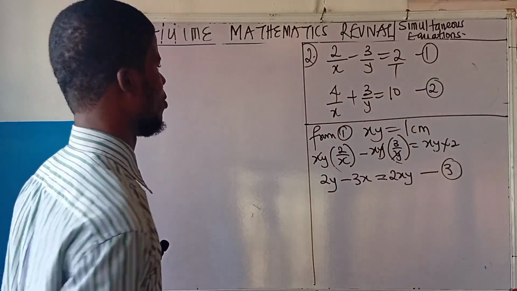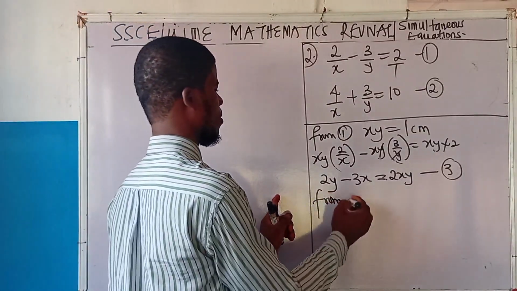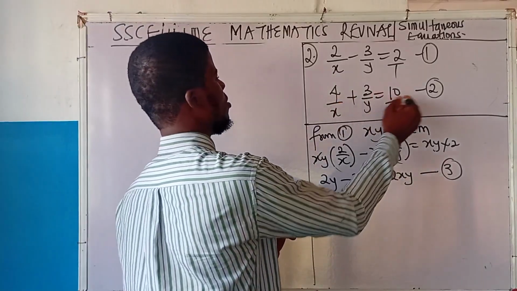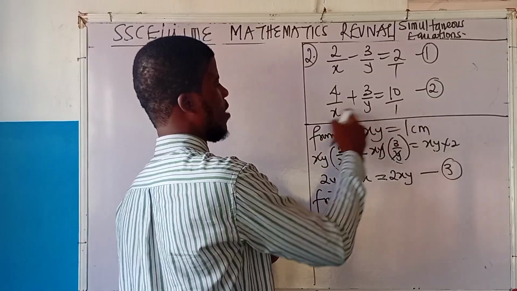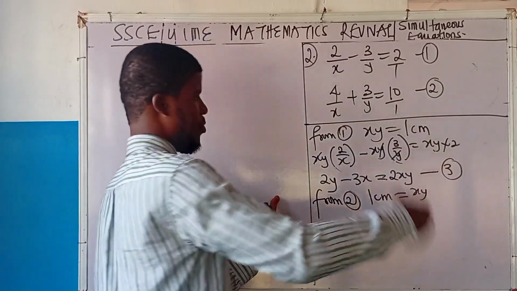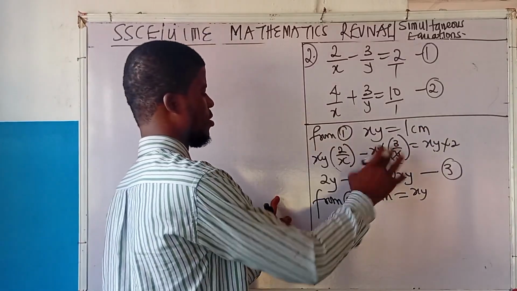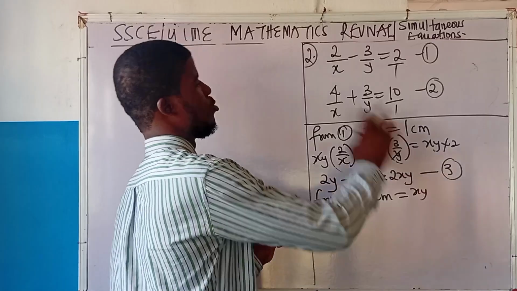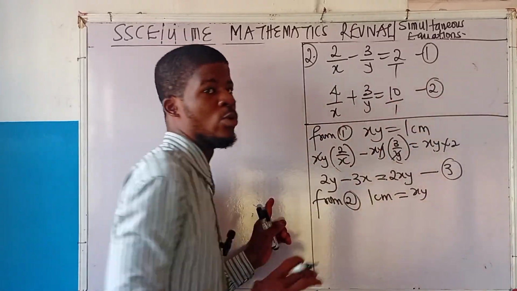Look at the second equation. From equation 2, the LCM is what? x, y, 1. We have xy also. The LCM is still xy. Repeat the same process as in the first case. Use the LCM to multiply each of the terms in equation 2.